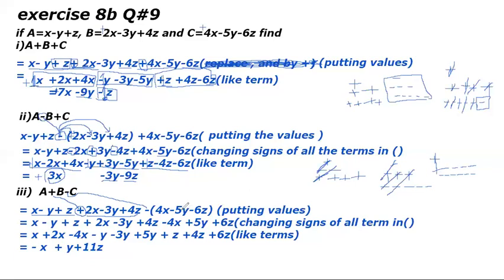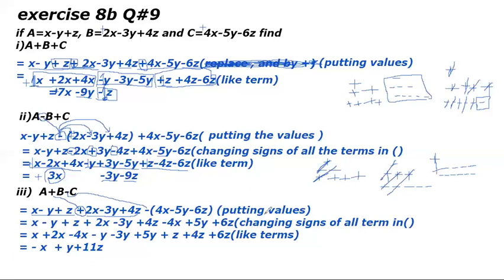You have to place the value of C in the parentheses because before it there is a negative sign. As I told you, we should keep some rules in our mind when we are solving a subtraction question. This is a negative sign, a subtraction question.